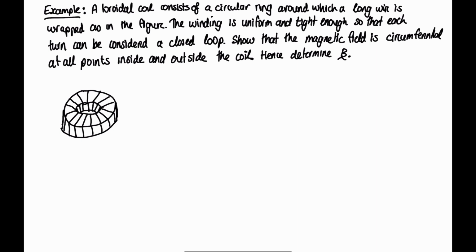So a good way to start this problem is to really clearly define our coordinate system. So let's choose our z-axis, which is going up through the middle of our toroid, and we'll choose our y-axis this way.